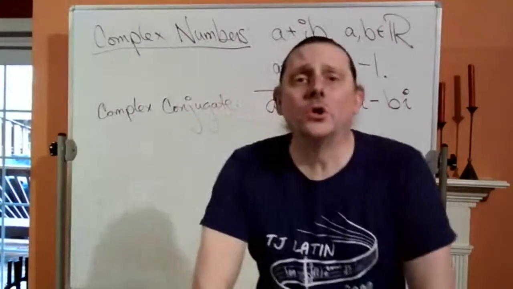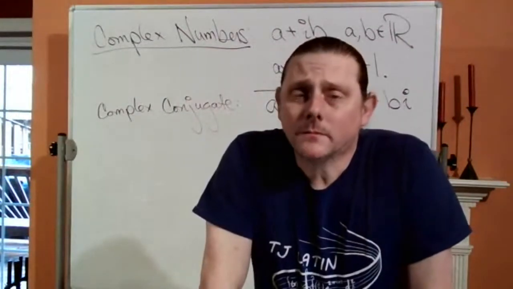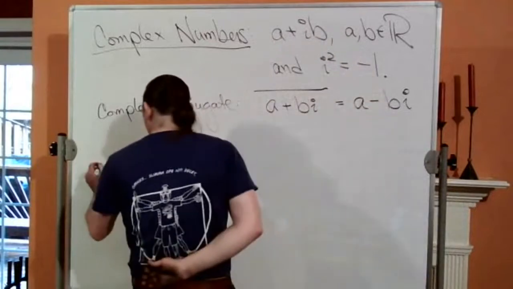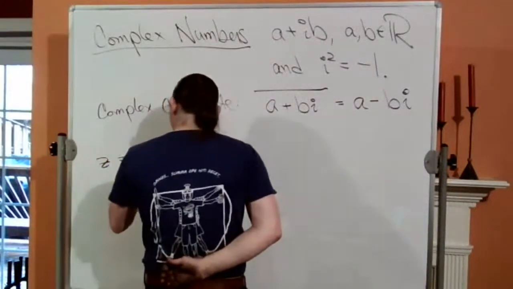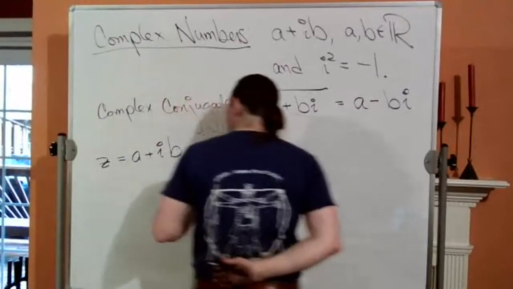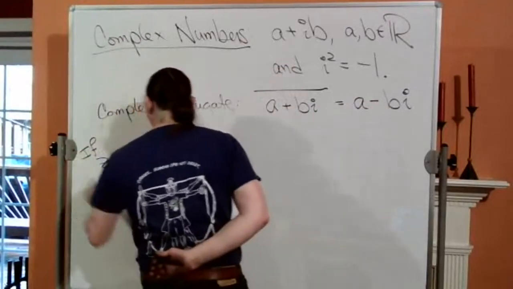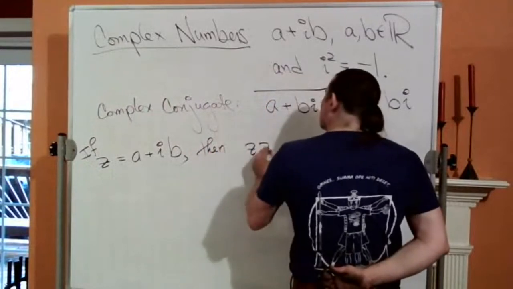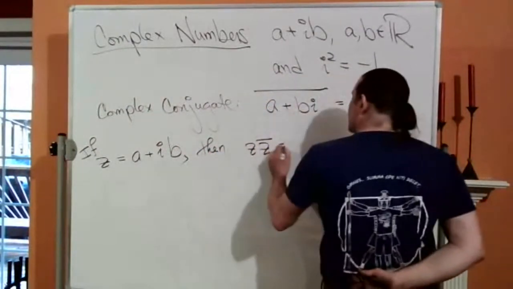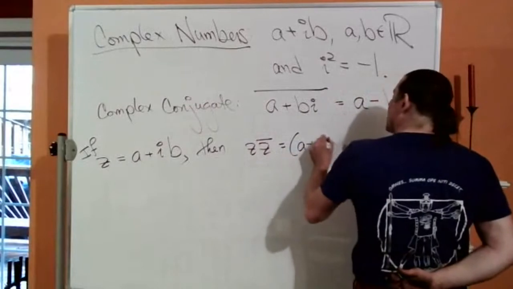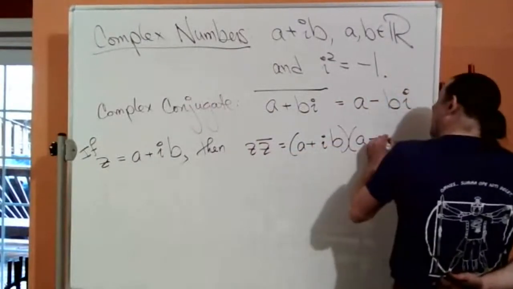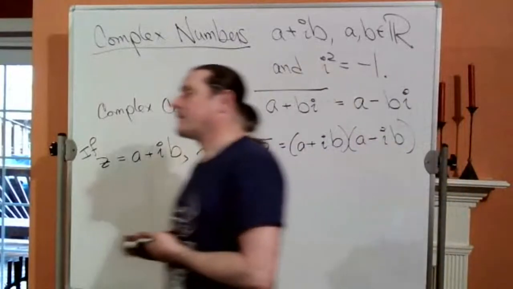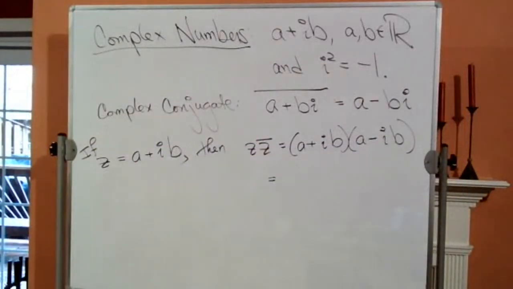Now, one very useful property about the complex conjugate is that if z equals a plus ib, then z times z complex conjugate would be a plus ib, a minus ib, which of course we get difference of two squares.